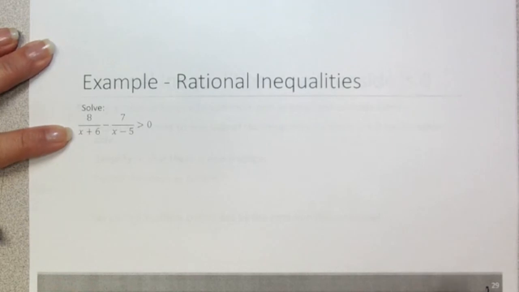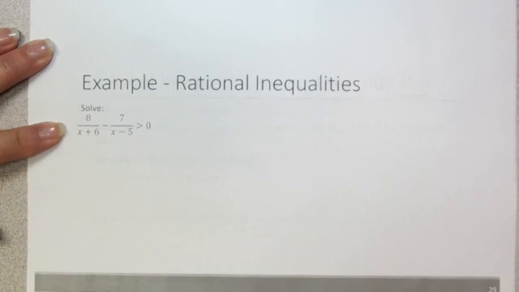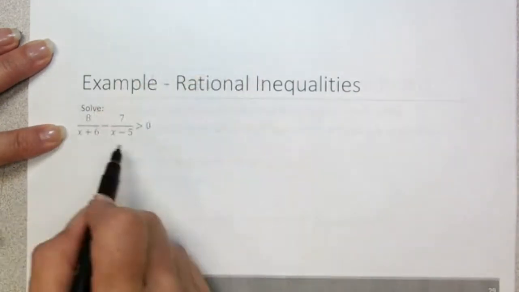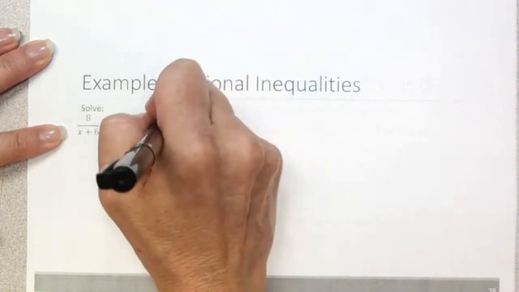Recall that to add and subtract rational expressions, we need to have the same denominator. We need to establish a common denominator. The way that we do that is by finding the least common denominator, and then converting each rational expression to one that has the least common denominator. So first, let's find our LCD here.